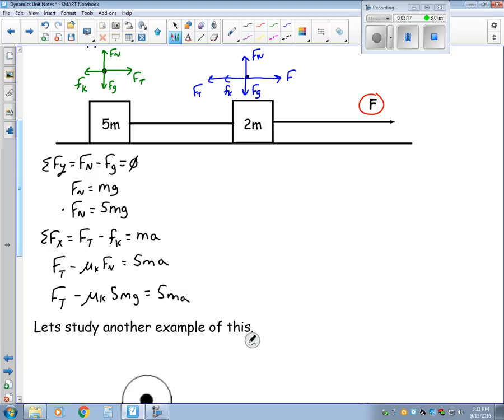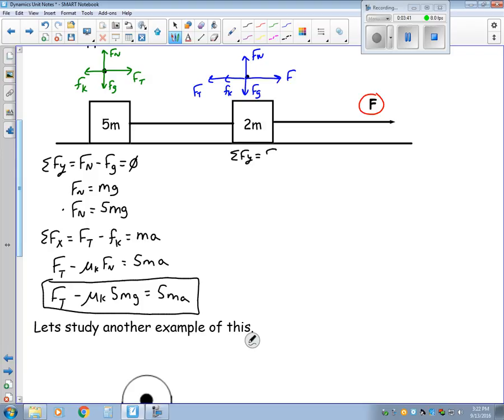What this does is it gives me one equation. I'm assuming that we know what the mass is, we know g, we probably know the coefficient of friction. However, we do not know the acceleration or the tension force. So we've got two unknowns. We need a second object.